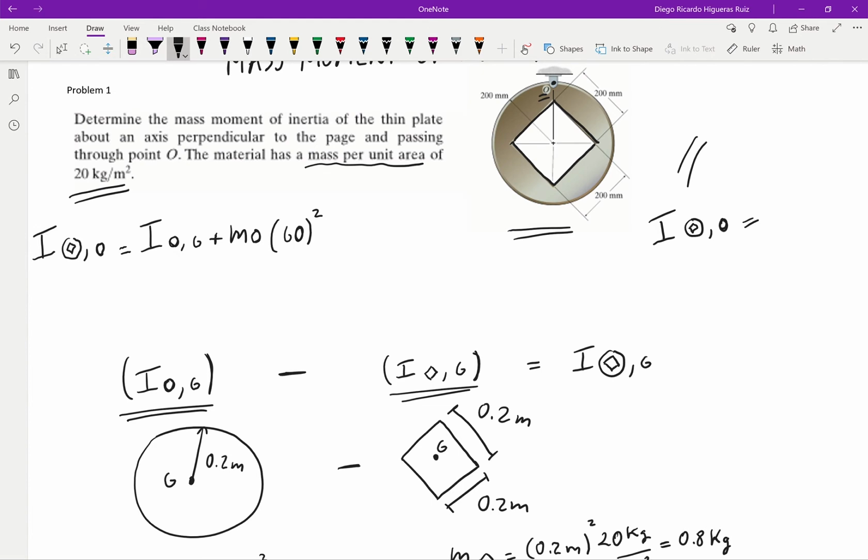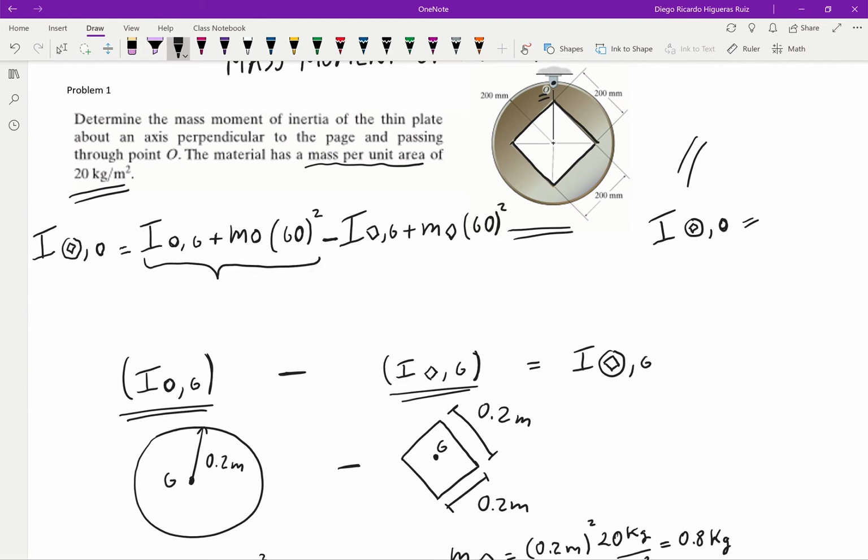Alright, and then we need to subtract the mass moment of inertia of the square at G plus the mass of the square times the GO distance squared.